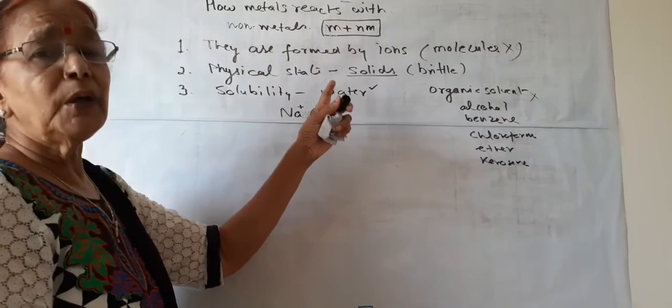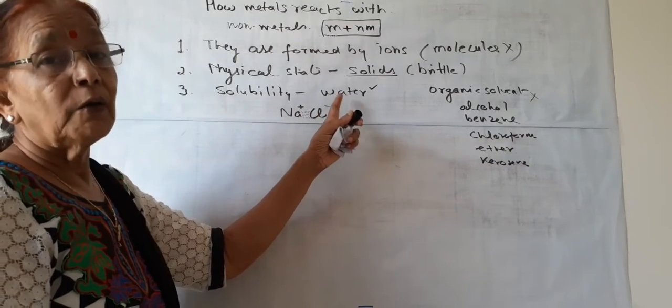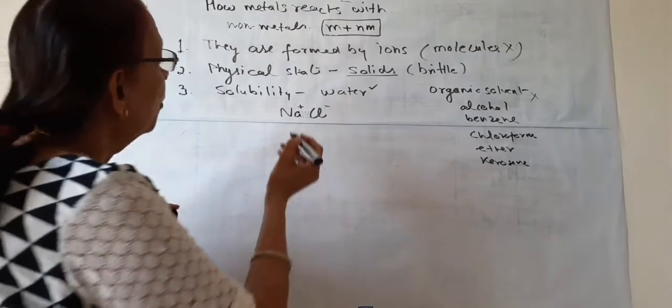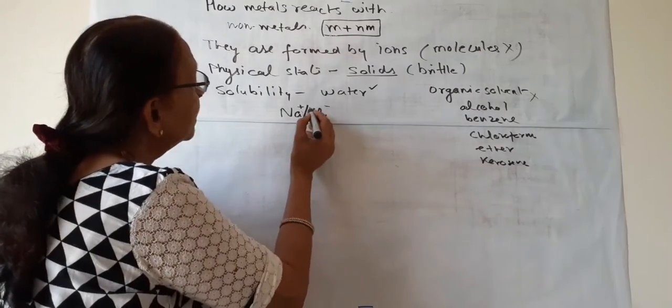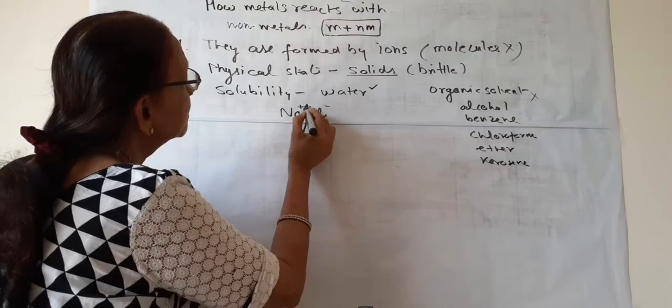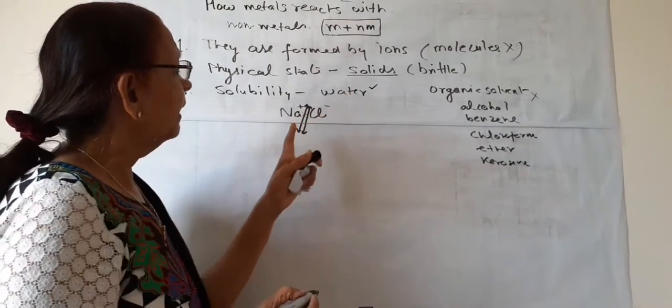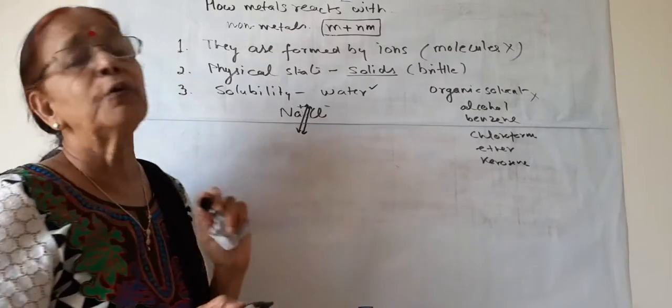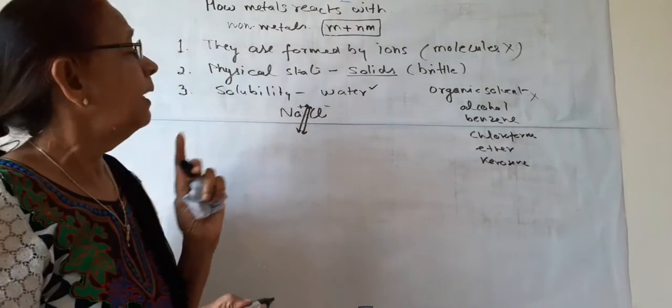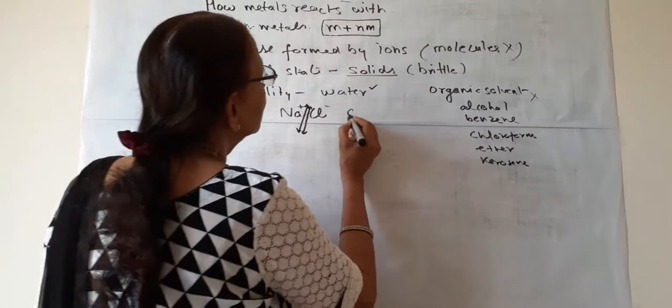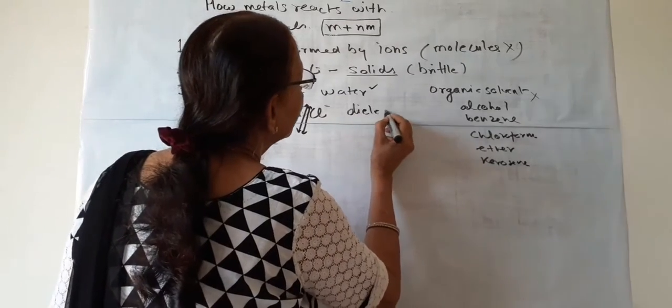There is a special quality of water. What is this quality? Water weakens the forces between these ions. Water has a tendency to weaken the force between the ions, and this property of water is known as the dielectric property.